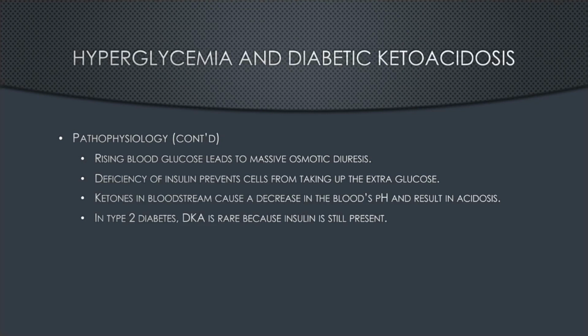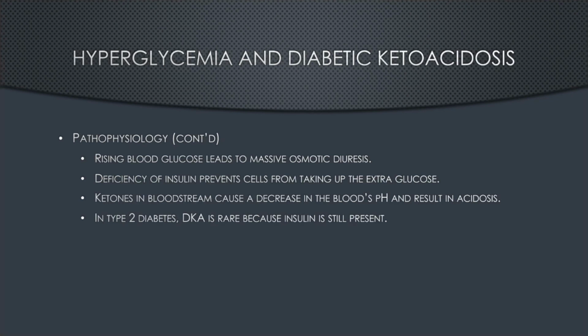So with these patients, rising blood glucose leads to a massive osmotic diuresis, passing large amounts of urine. The osmotic diuresis and vomiting cause dehydration and even shock. In DKA, the deficiency of insulin prevents cells from taking up the extra glucose. Because the body cannot use glucose, it uses fat, like I said before. The metabolism of fat generates acids and ketones as byproducts or waste products.